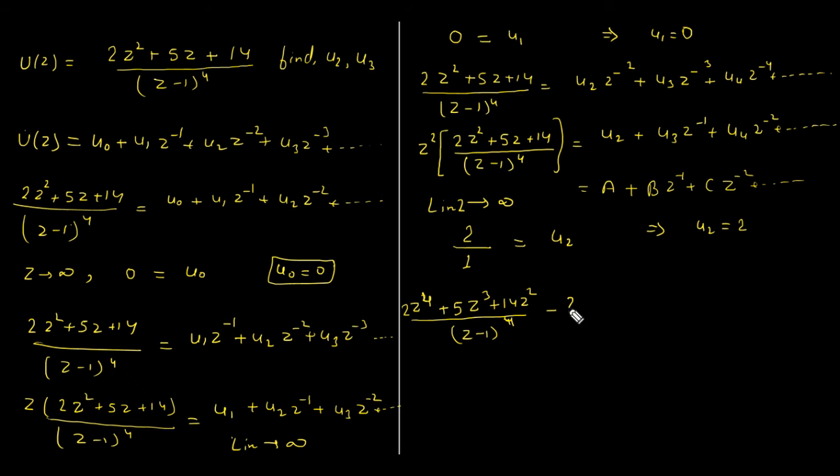So we just write 2 here. It will become the series u3 z⁻¹ plus u4 z⁻² and so on.